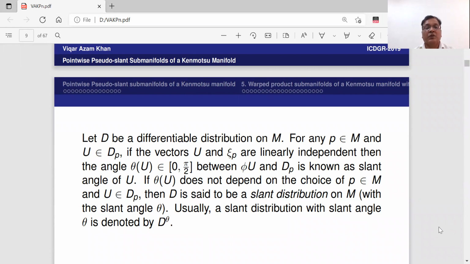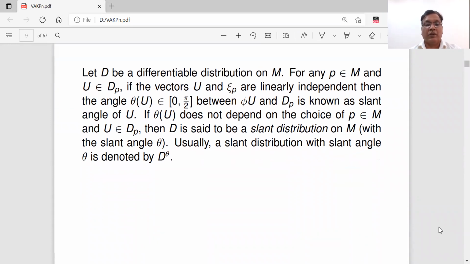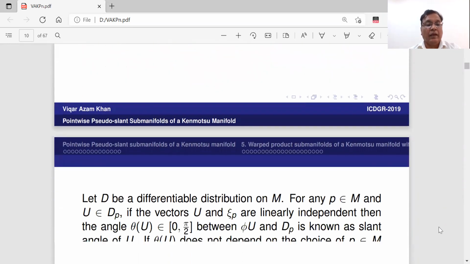If it is constant only at a point p and it changes at another point q, then we say that the distribution is a pointwise slant distribution. The formal language is written here. These are the distributions that we will be working with.